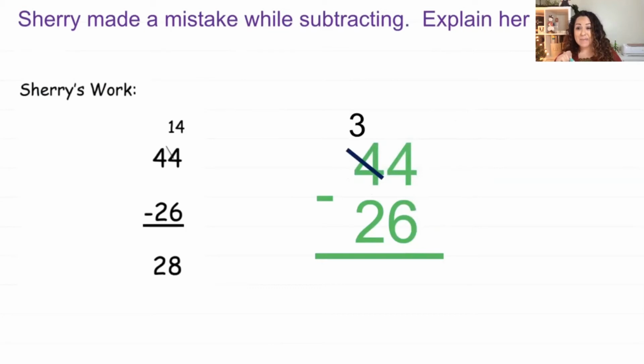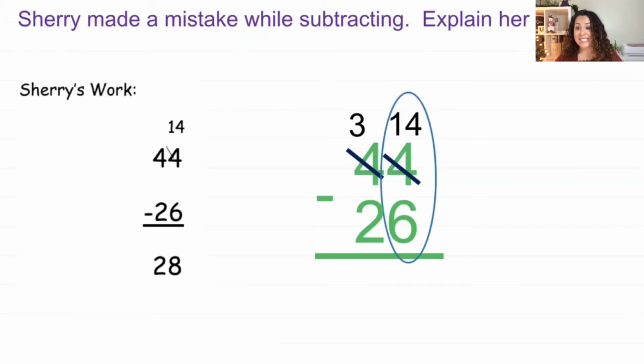Remember, when I unbundle a number, I cross it off and I put my new number on top. I no longer have 4 tens, I have 3 tens, and I no longer have 4 ones. I have 4 and 10, which is 14 ones. Okay. Now the next step is to focus on my ones. I have 14 take away 6, so let's go ahead and figure that out.